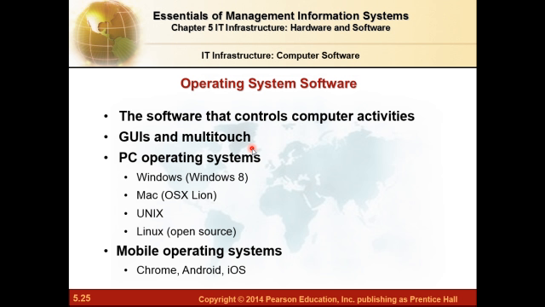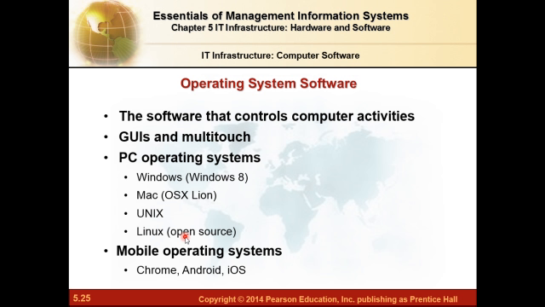Examples of PC operating systems are Windows, the latest one being Windows 8, Mac, Unix and also Linux. Both Unix and Linux are open source operating systems.